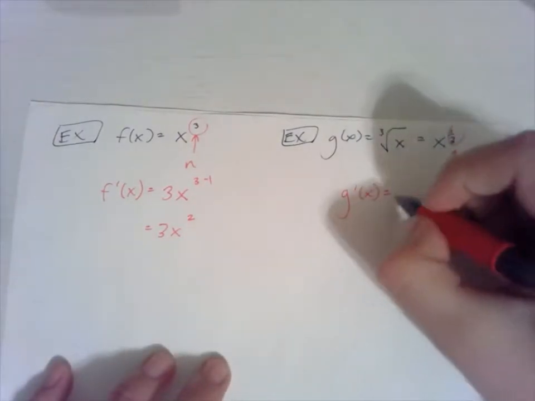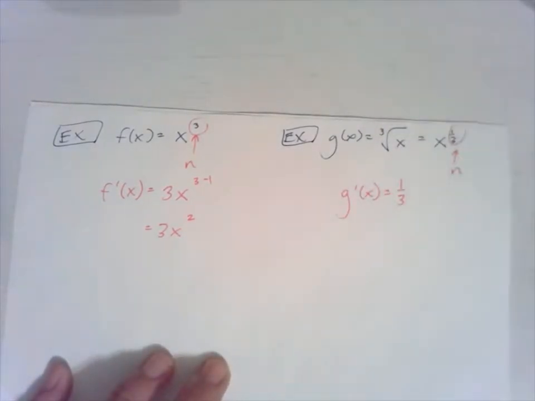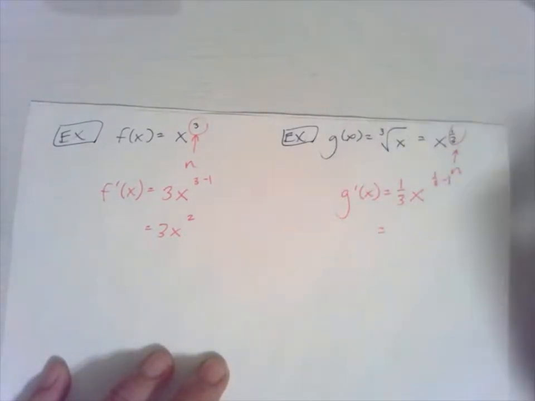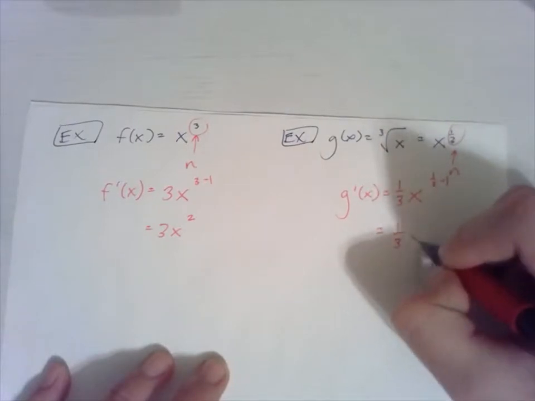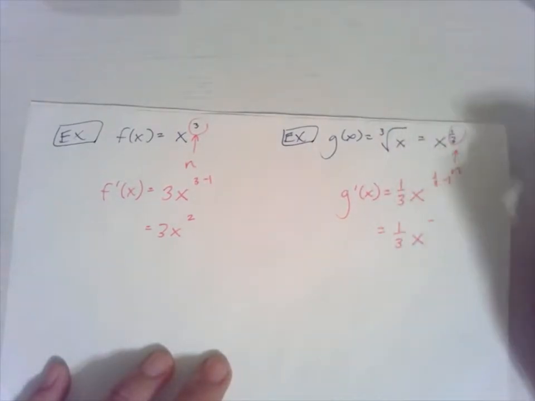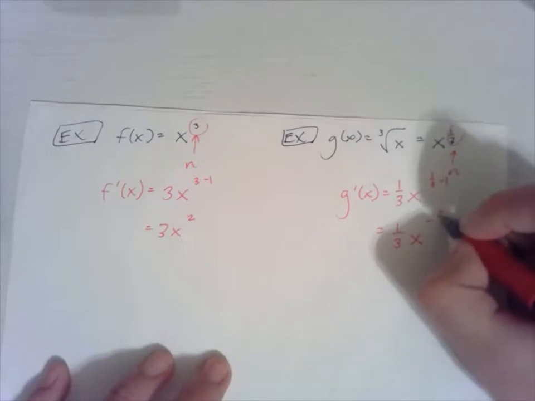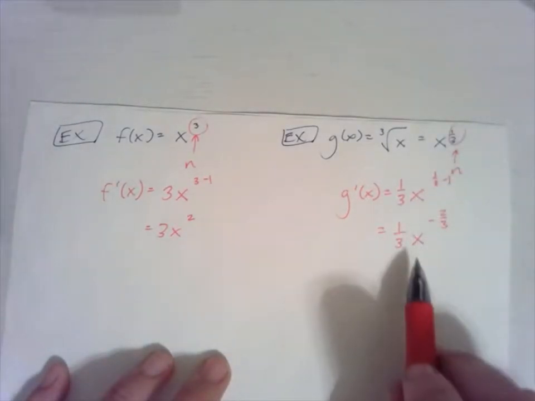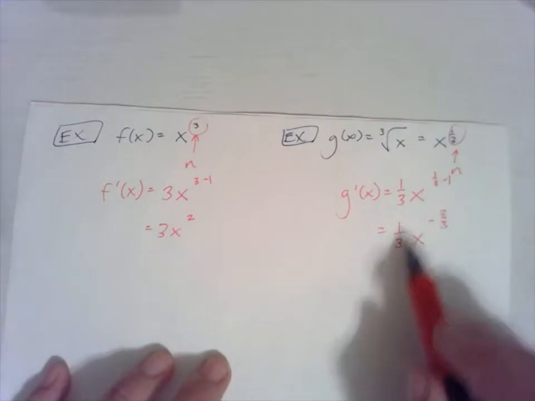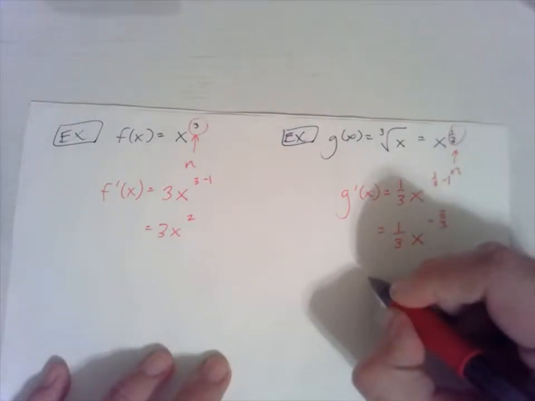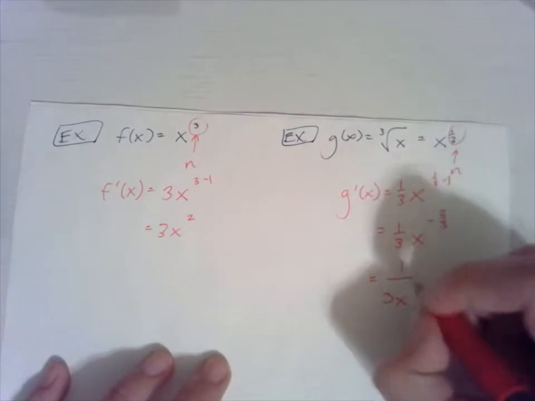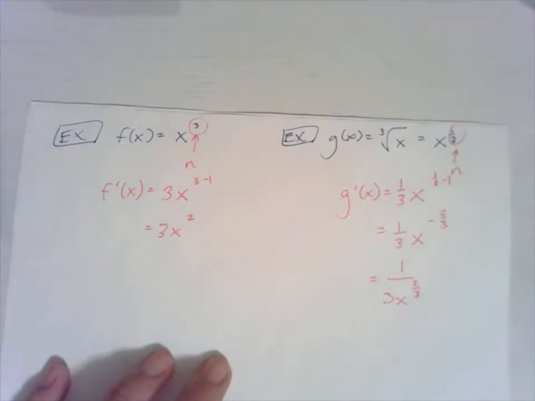We take our n value, 1/3, times x to the 1/3 minus 1. And so we have 1/3 x to the negative 2/3. And we remember the rules of exponents. Now that we have a variable to a negative exponent, we have to move the entire thing to the bottom of a fraction. So we get 1 over 3x to the 2/3.